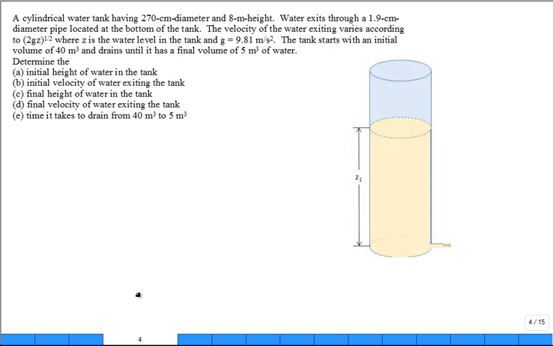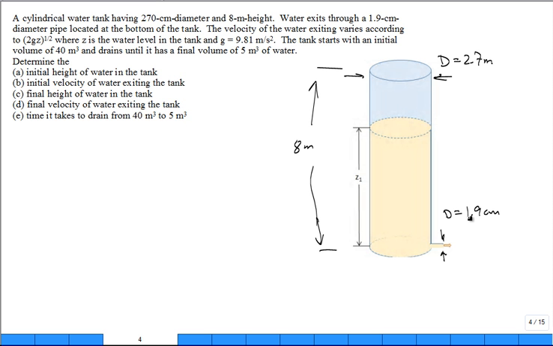So here's a problem. A cylinder of water having 270 centimeter diameter and 8 meter height. So the total height of the tank is 8 meters, and the diameter of the tank is 2.7 meters. The water exits through a 1.9 centimeter diameter outlet pipe located at the bottom of the tank.